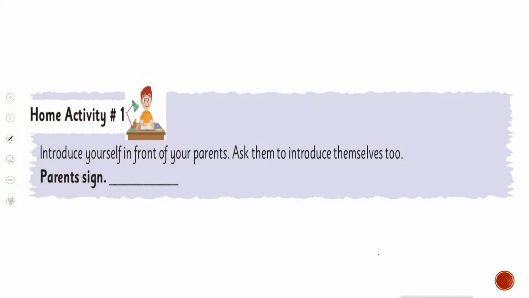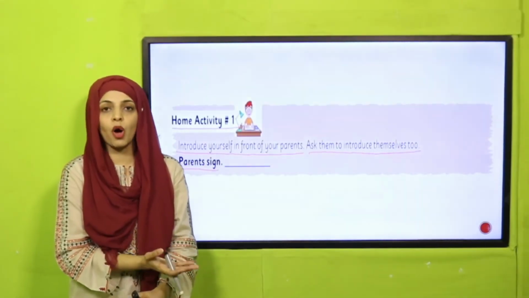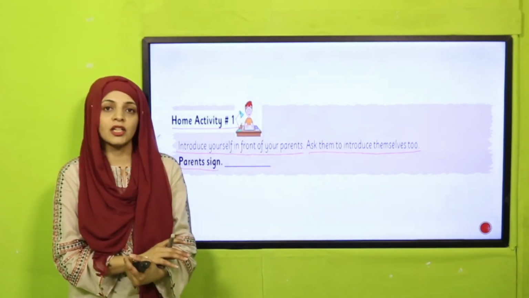Now there is an activity at the end of the page, if you look at it. Home activity. Introduce yourself in front of your parents. Ask them to introduce themselves, then get the parents' signature. Okay. Now, as I have done the activity with my guest Muhammad Ahmed, he told his name and he also told his age.